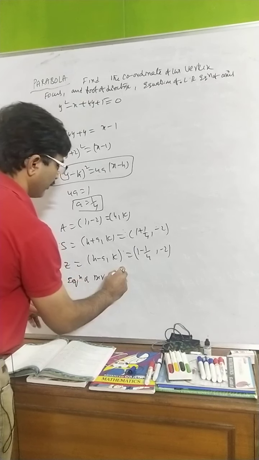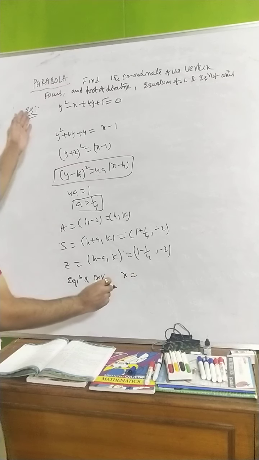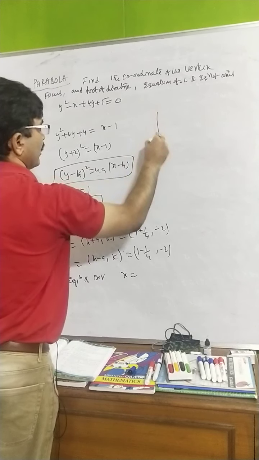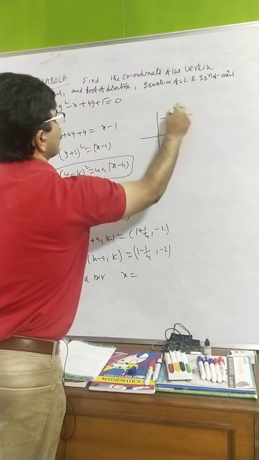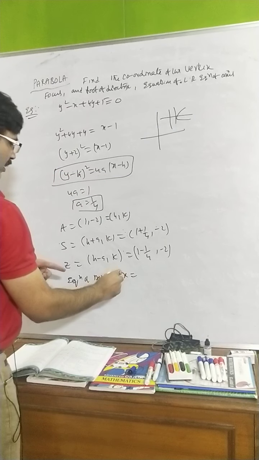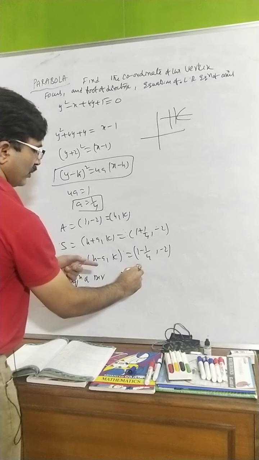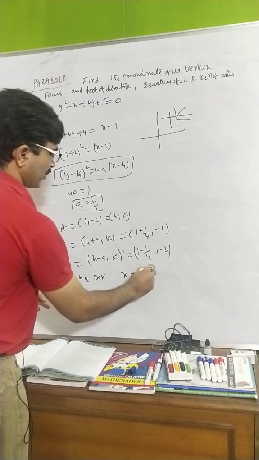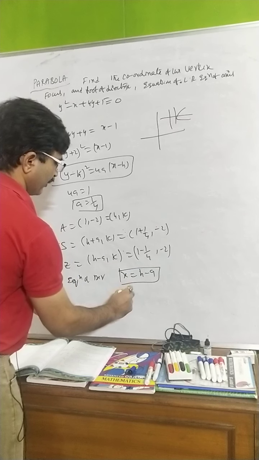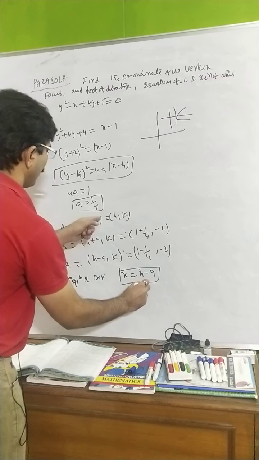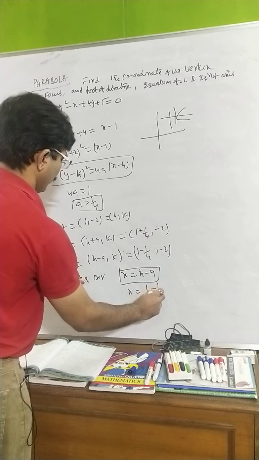And the equation of directrix is very simple. Here x is equal to, you know very well from the diagram, that it is the transformed form. So the equation is x is equal to h minus a, this is the formula. h is 1, a is 1 by 4.